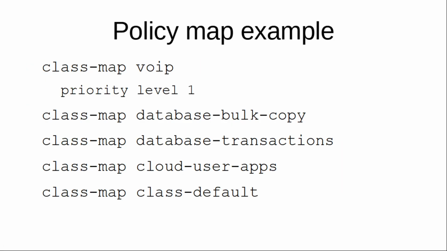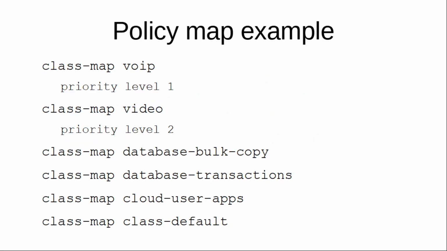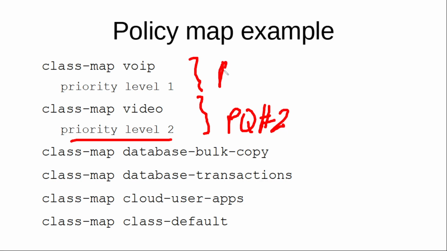So let's see an example. For instance, in a policy map, you can create your priority queue number 1. If you create a class map and you use this command, priority level 1, and then you can create your priority queue number 2 if you use the priority level 2 command. So you have here your priority queue number 2, and you have here your priority queue number 1.